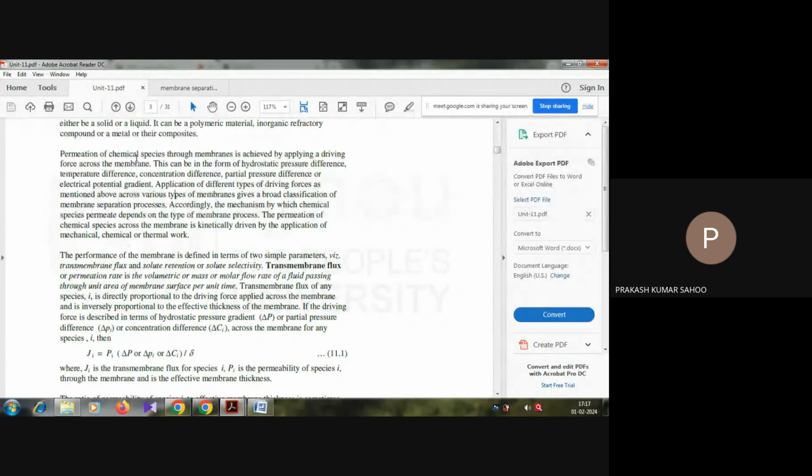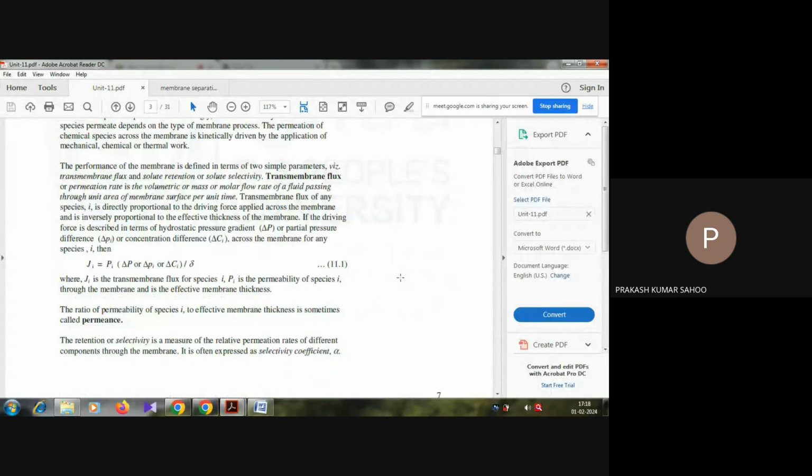If a component is liquid or in a gaseous state, then permeation will be effective. The permeation of chemical species across the membrane is kinetically driven by the application of mechanical, chemical, or thermal work. So it is driven by the application of mechanical force, chemical bonding, or some thermal work.